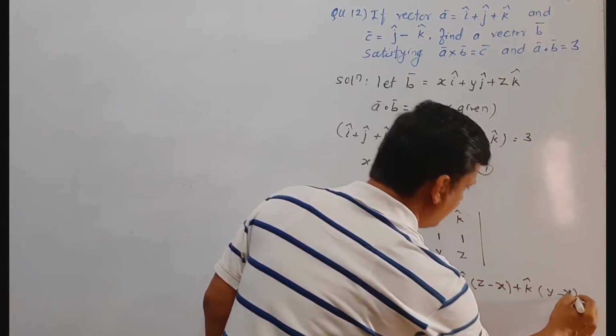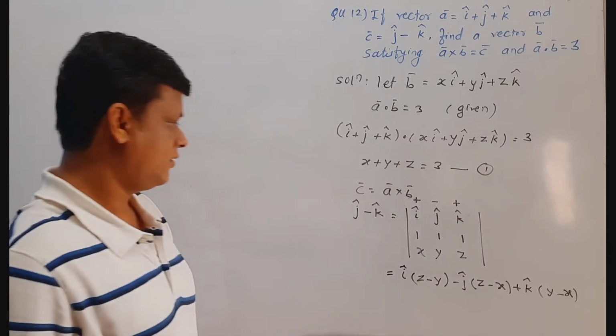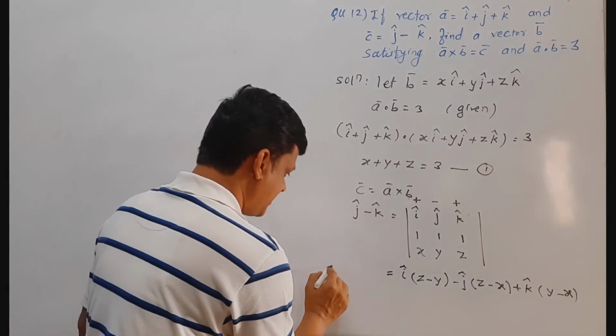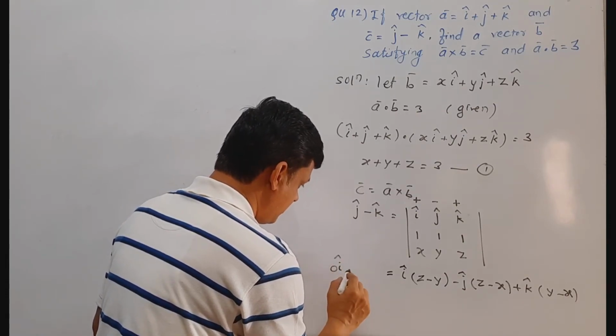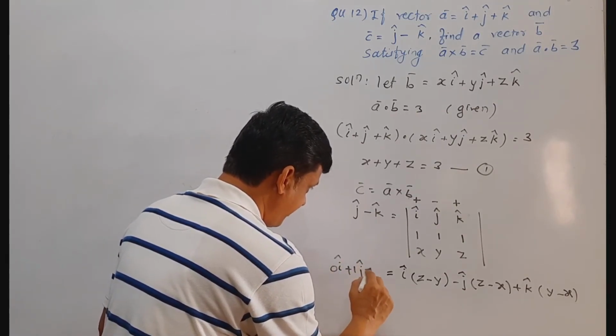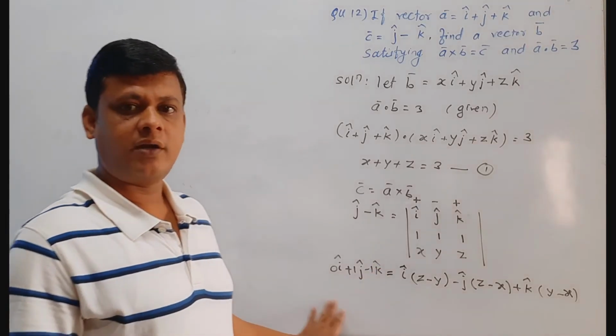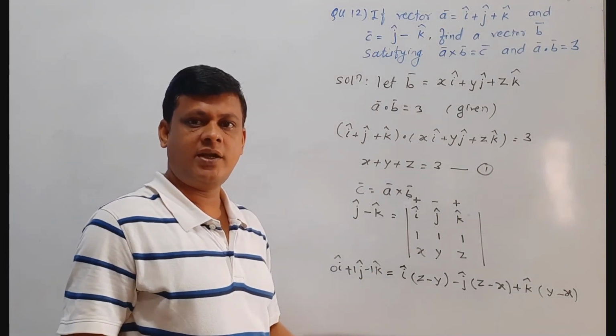So we write here y minus x. So on the left hand side we write this as 0i plus 1j minus 1k, because we equate both sides, that is by equality of vectors.